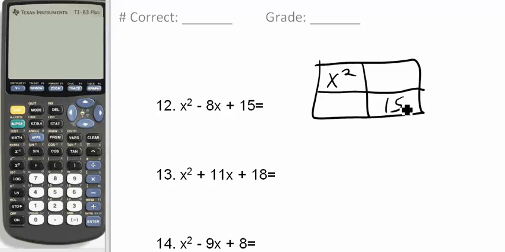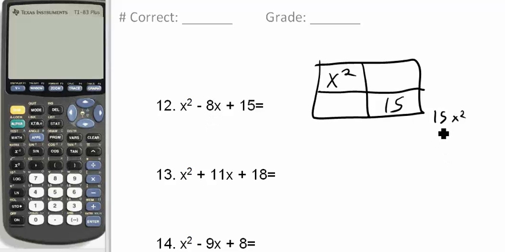Right now we just end up writing 15 x squared, but all we're really interested in right now is the 15. So we have to look for factors of 15 that when we add them up equal negative 8.